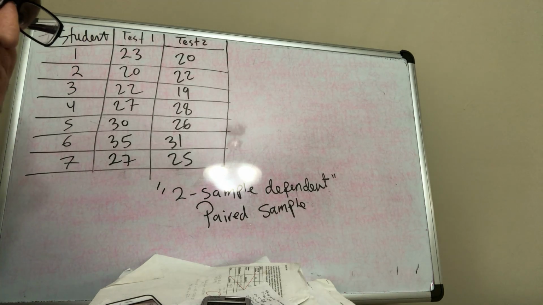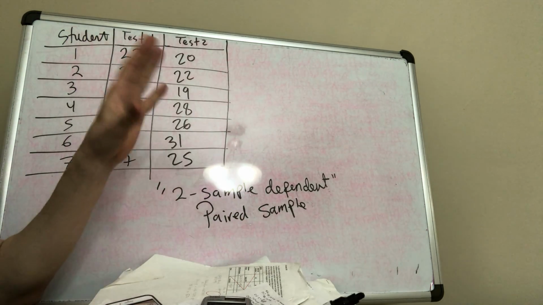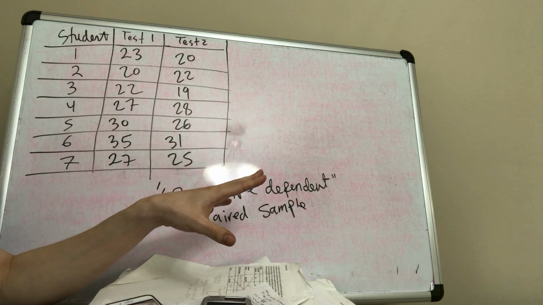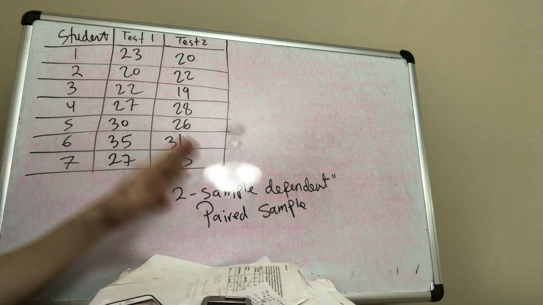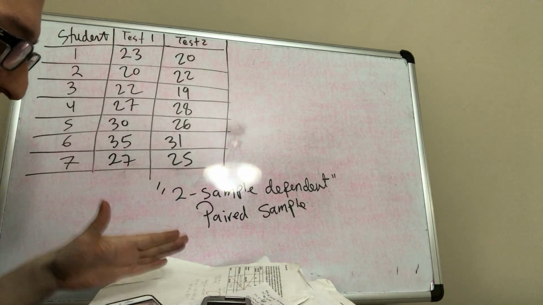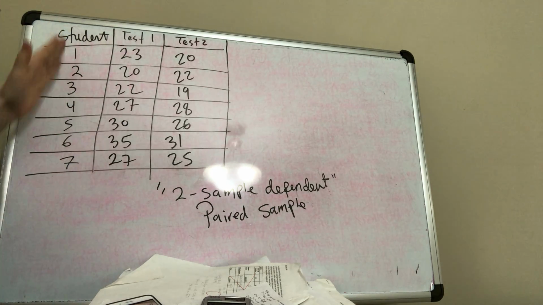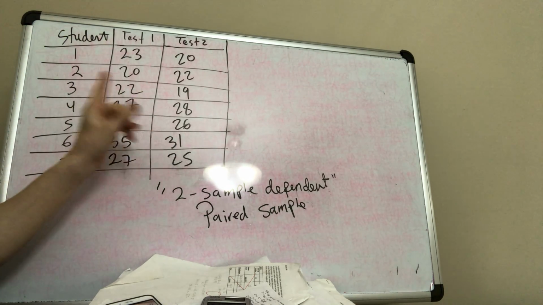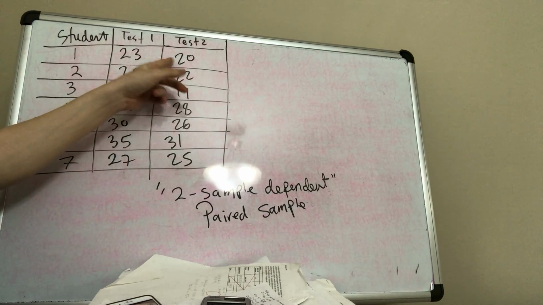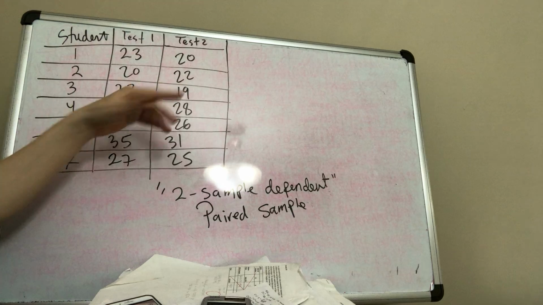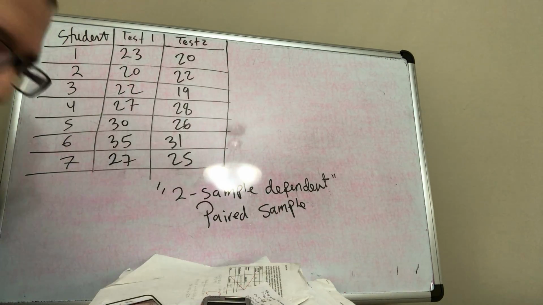Because if you remember the previous question, it was two separate groups, one doing the test from company 1 and the other doing it from company 2. Here, they specify directly that it's only one group of 7 students doing both. So the first student did this, and that's the score for this student on both. So you have one sample, but two tests. That's a dependent system.